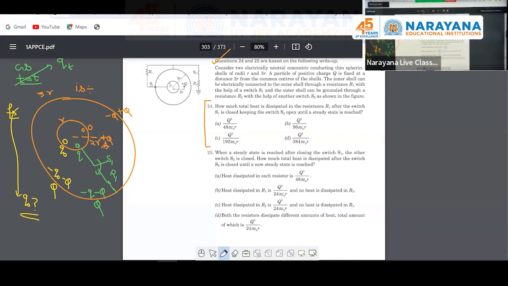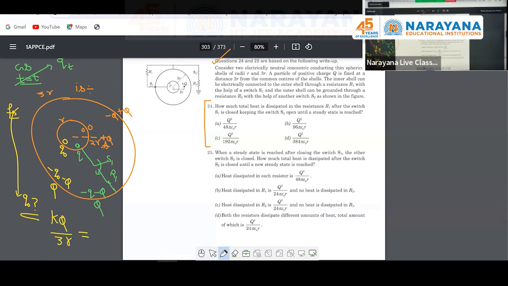While writing the potential on the outermost surface, all these inner cavity elements will be redundant. So capital Q is the only charge which will generate field. So it seems like K capital Q upon 3R.